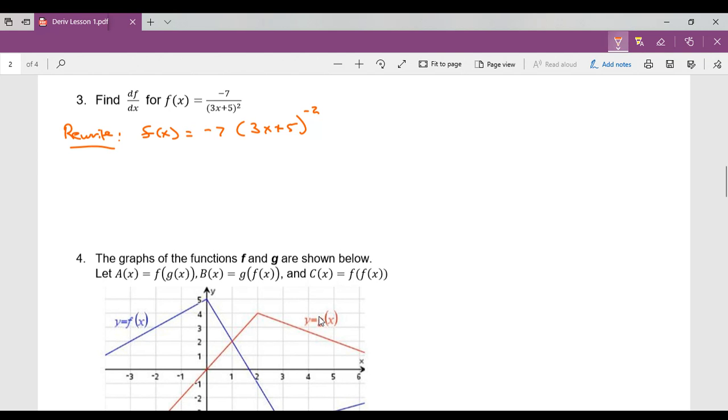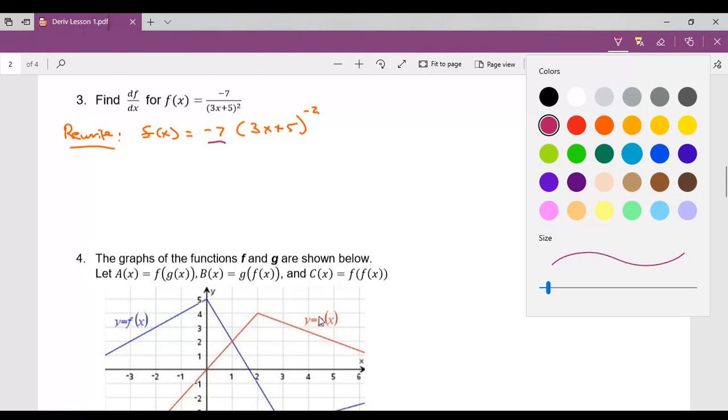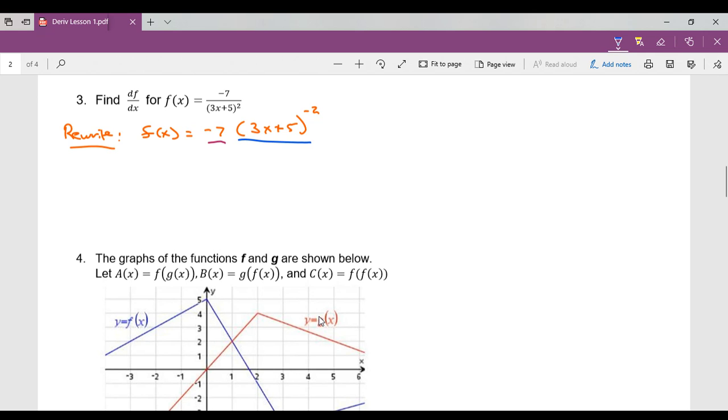But now I want to take the derivative of that. So how do I view this? Well, I have a constant times a function. So I know that the derivative of a constant times a function, f prime of x, is simply going to be the constant times the derivative of the function.